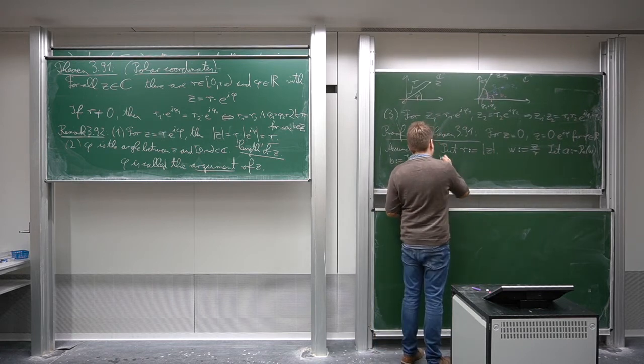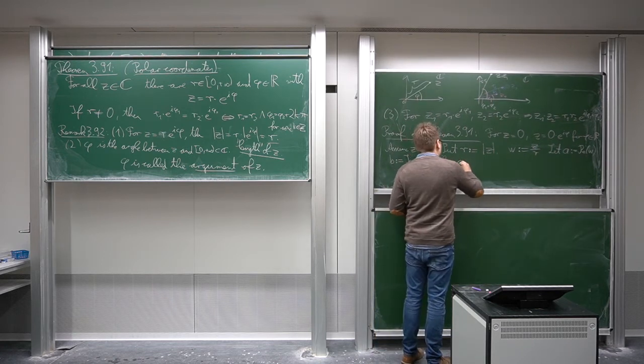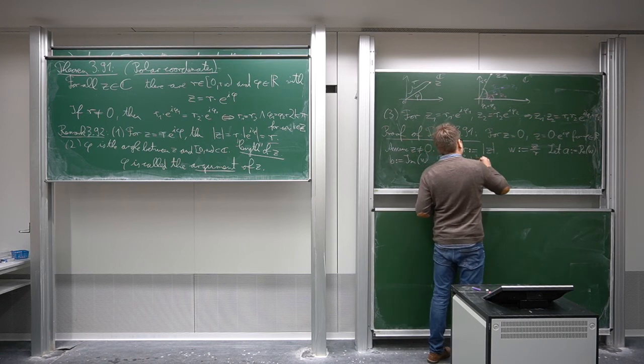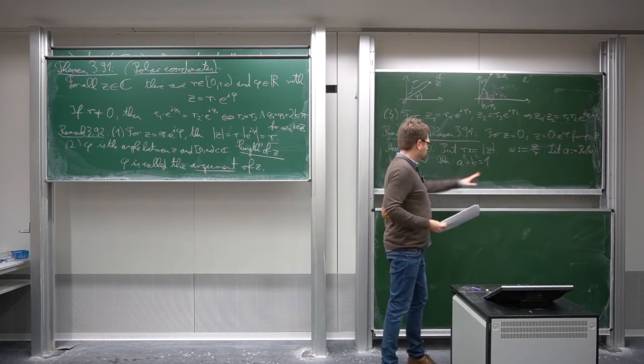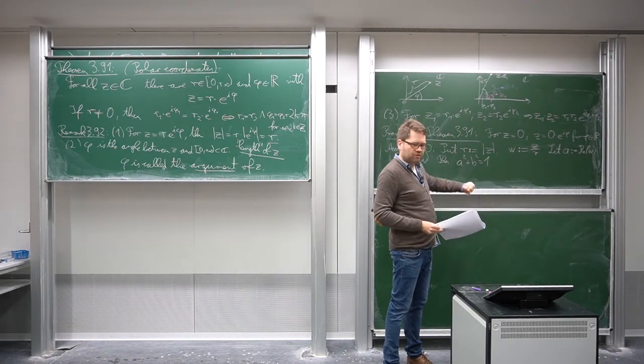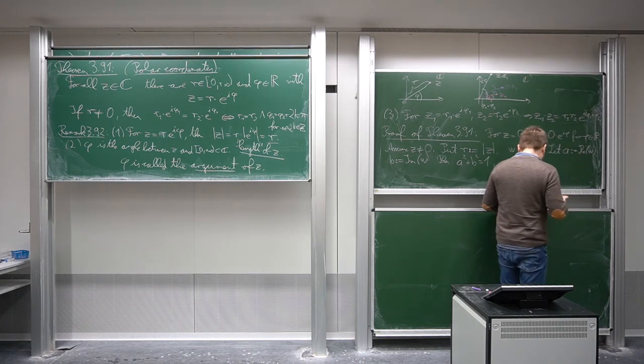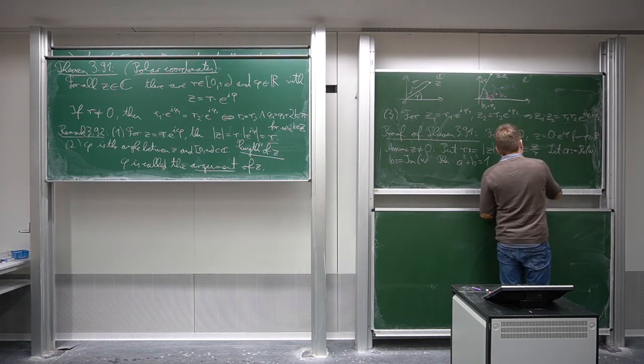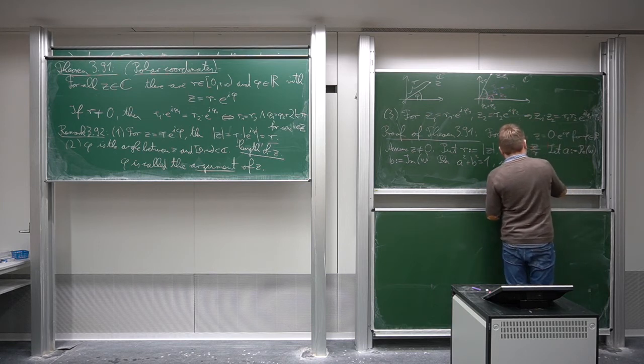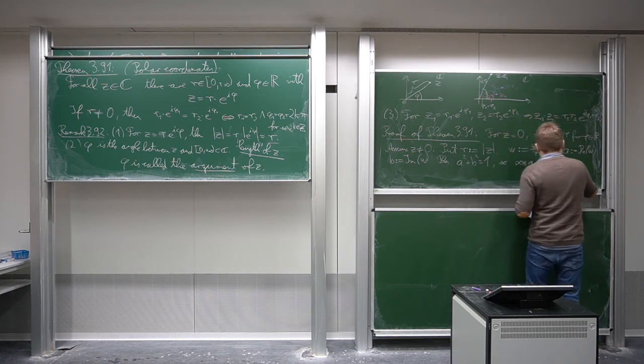Okay, then a squared plus b squared is equal to 1 because we have this normalized and w is on the unit circle. So first of all, this means that a and b are between -1 and 1, which means that we can define the arc cosine of a.